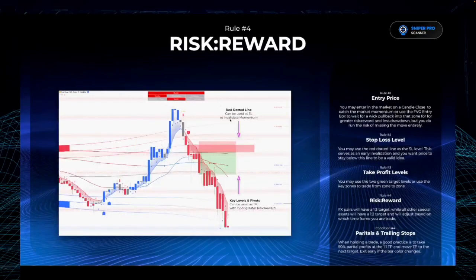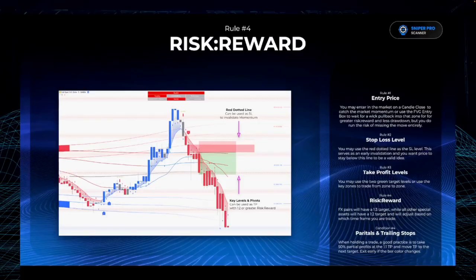And then last but not least is the risk to reward. As we said, you can enter at the pullback of that entry box, and your stop loss level is going to vary based on the asset and based on the time frame. If you're trading on the 1 minute for gold, NAS, US 30, anything like that, you will have a smaller stop loss and a smaller TP.